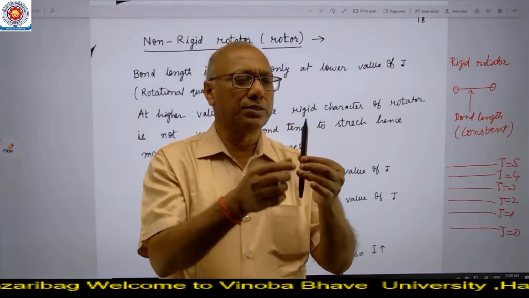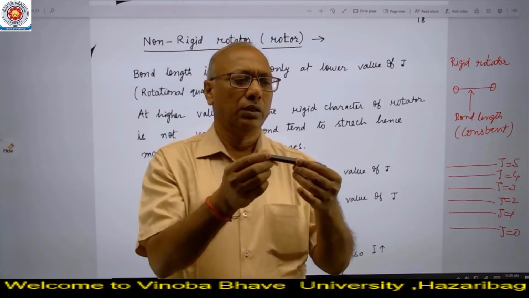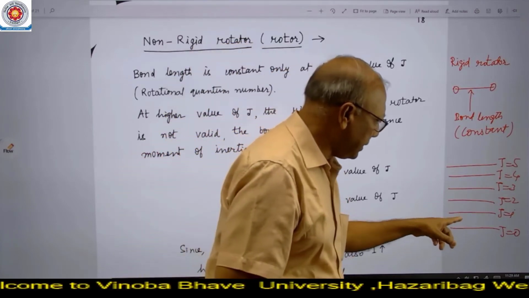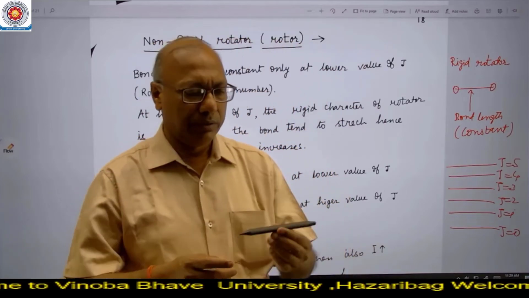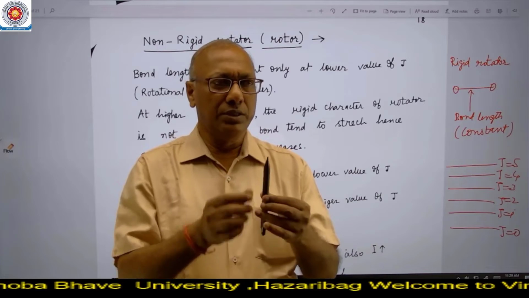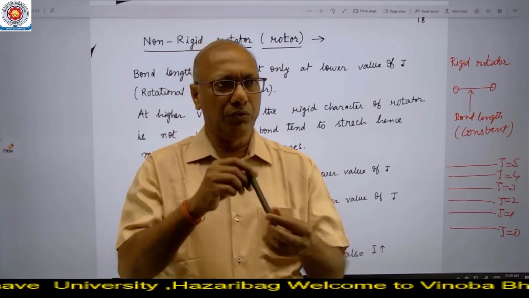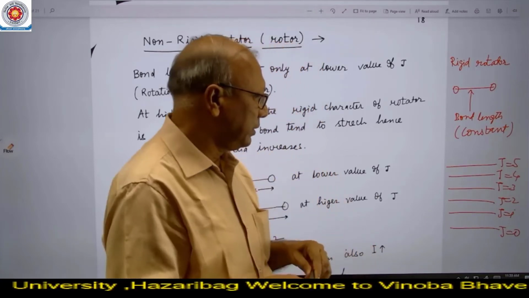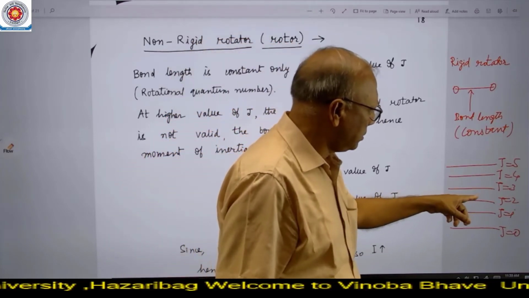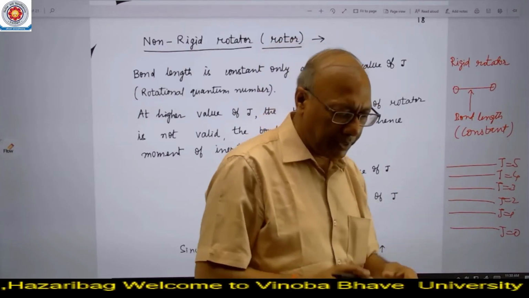If the rotation is slow, then these energy levels are related with these rotations. But when this rotation speeds up, very quickly it is rotating, then the rotational energy levels are in these higher energy levels.